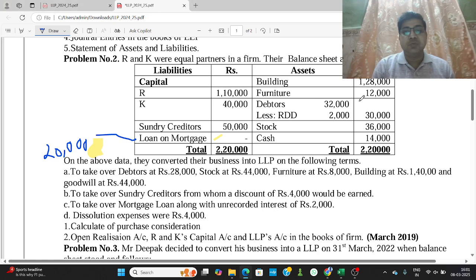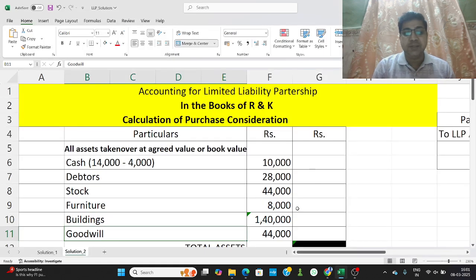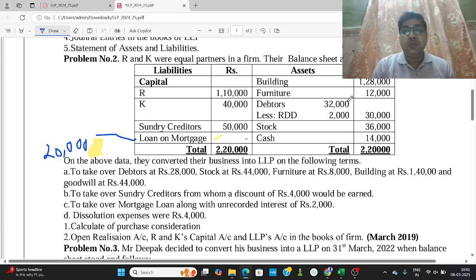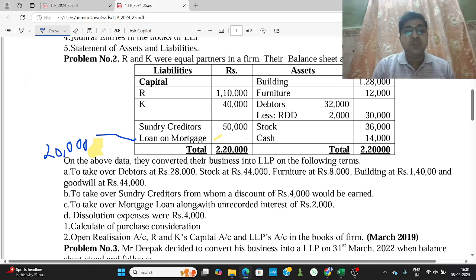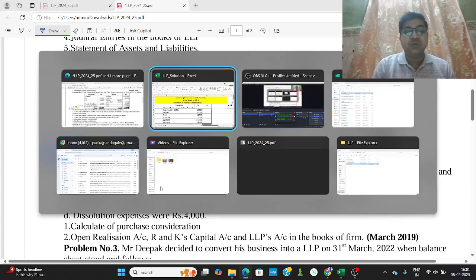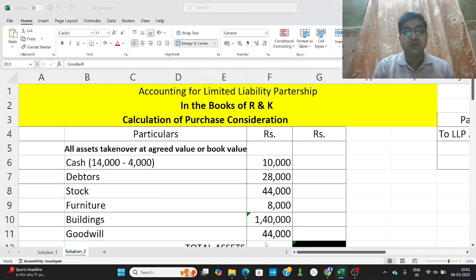Furniture 8,000. The furniture book value was 12,000 and the agreed value is 8,000, so we consider the agreed value of 8,000. Building: the book value was 1,28,000 and the agreed value was 1,40,000, so we put 1,40,000. Then they have provided goodwill of rupees 44,000, so we show goodwill 44,000.